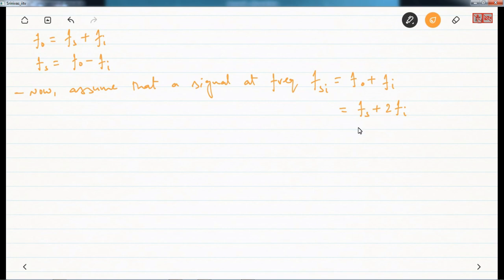So now assume that a signal at frequency Fsi somehow reached the input of the mixer.